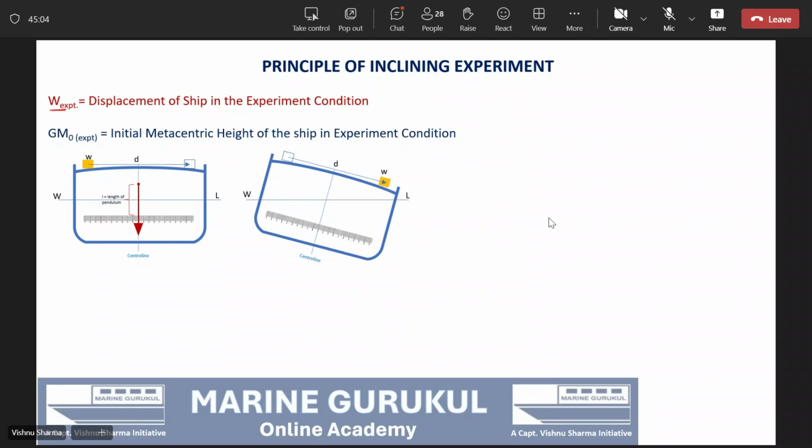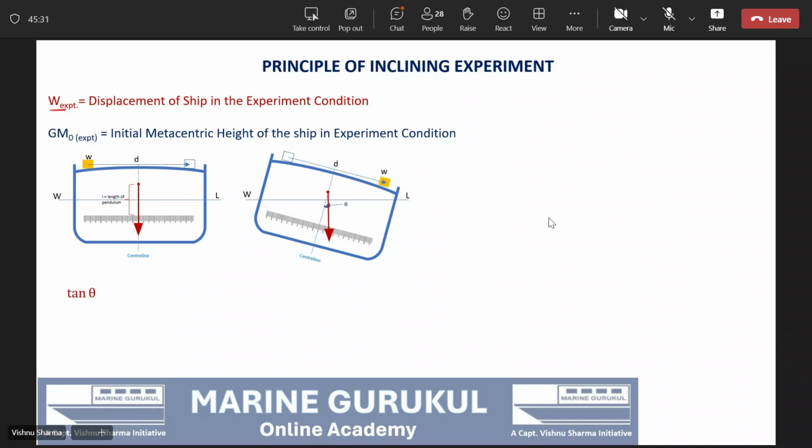Correct. But what will happen to the pendulum? The pendulum will remain vertical because of gravity. The pendulum will remain like this. Now, we all know this angle theta is the inclination caused because of the shifting of the weight.